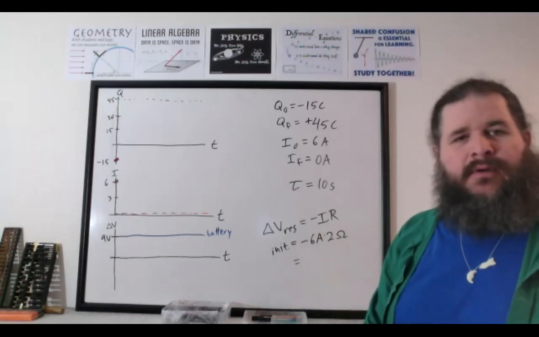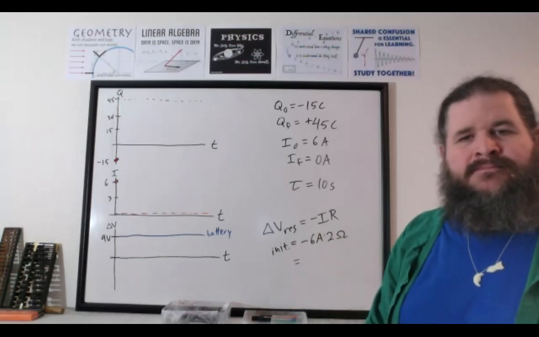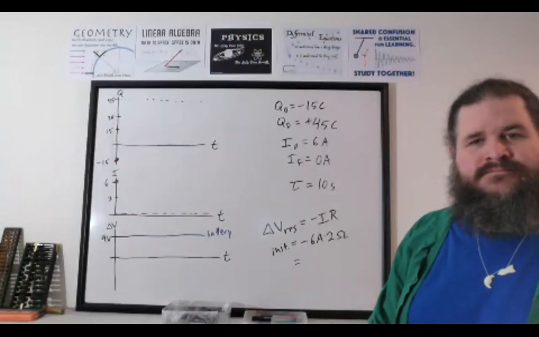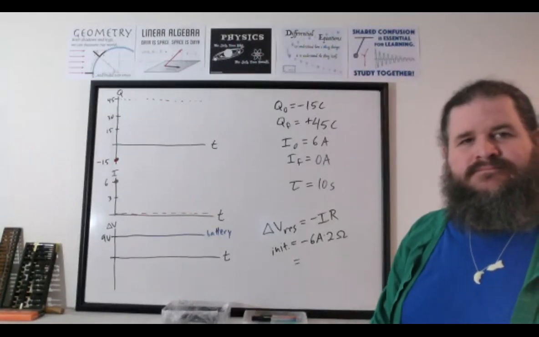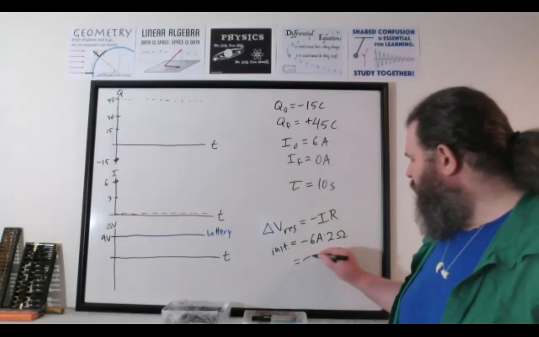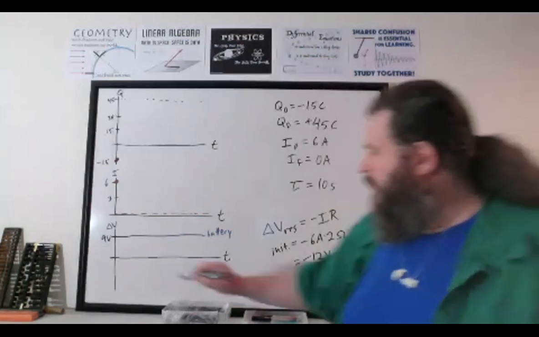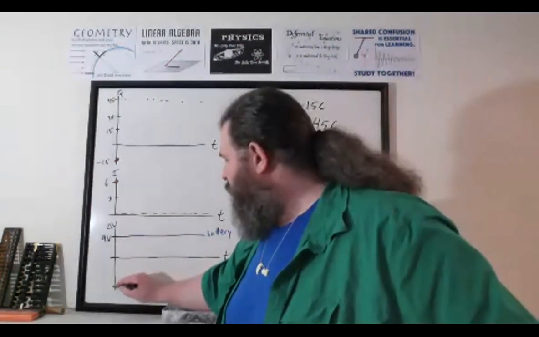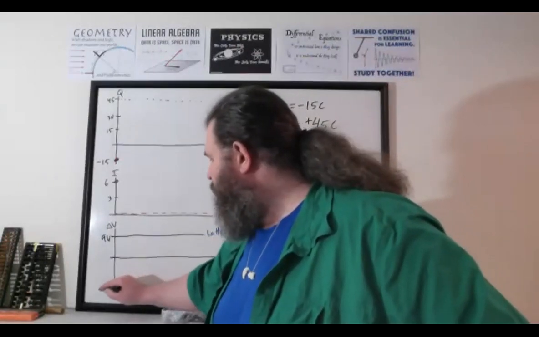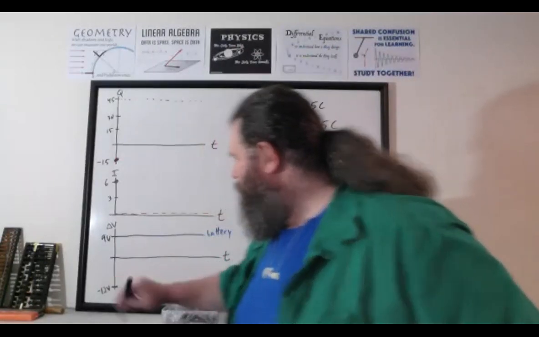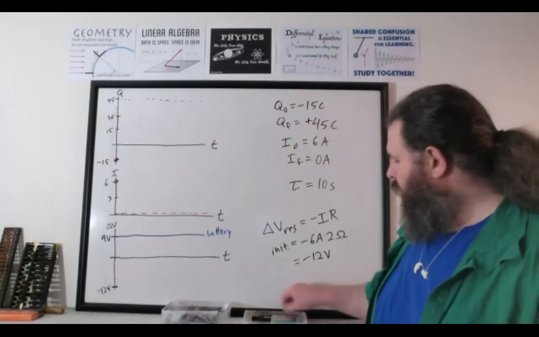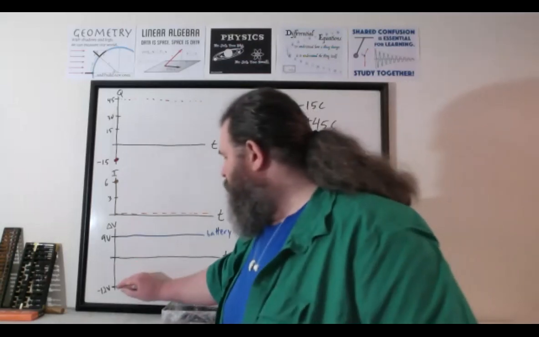Multiply those together, and what do we get? Yeah, negative 12 volts. So the initial voltage of the resistor was way down here at negative 12. Resistor started at negative 12.